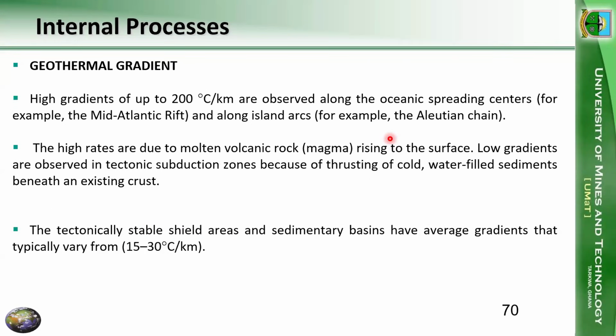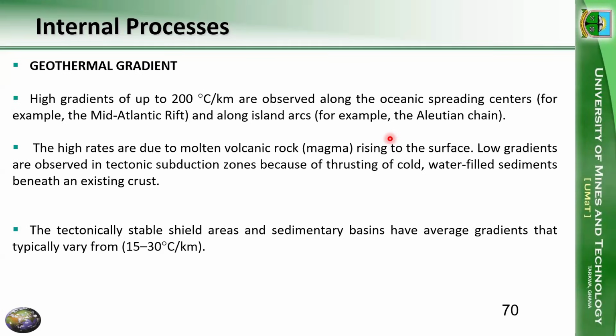Very close to magmatic sources, the gradients can go as much as 200 degrees Celsius per kilometer. It means when you travel down, for every kilometer you have a change of temperature of 200 degrees. But generally, 25 degrees per kilometer is quite normal as the geothermal gradient.